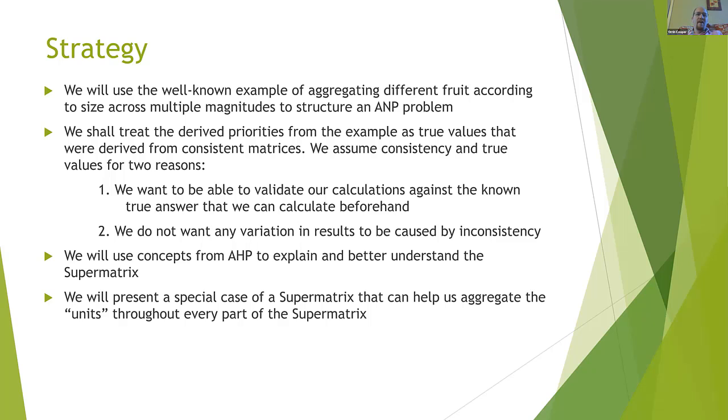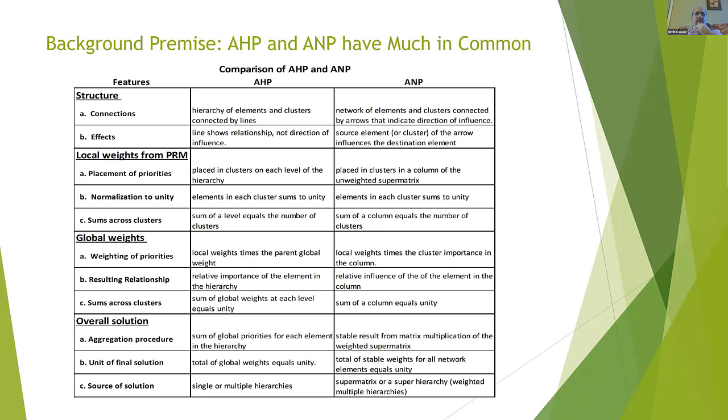We're also going to use this idea of the framework from AHP. If we can think of the column in a supermatrix as a hierarchy, it's going to help us understand the supermatrix better. And in this special case, we're going to look at how the units matter as you go through each step. So here are the relationships that we've identified between the AHP and ANP.